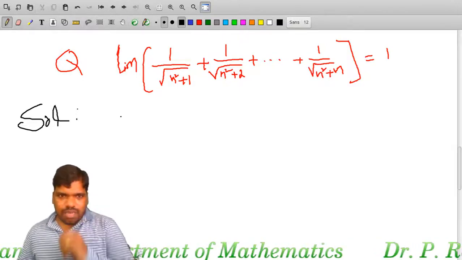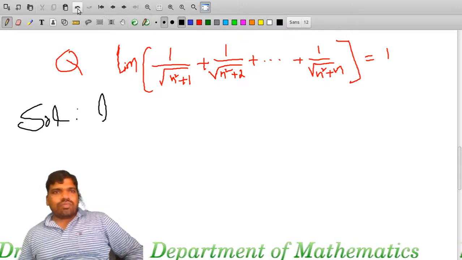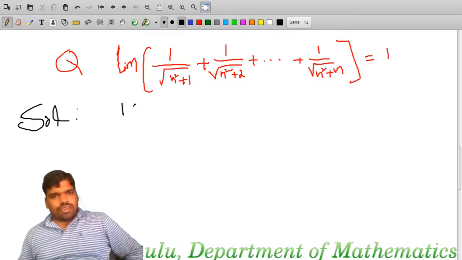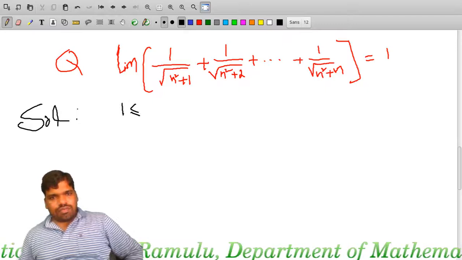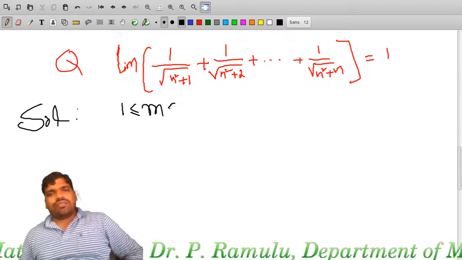So for this, I am considering here 1 less than or equal to m less than or equal to n. For these kinds of problems, we must take it like this only.